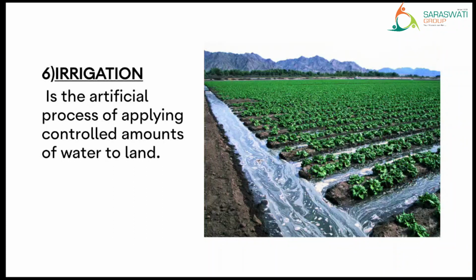In this picture you can see that this land area is watered by digging a deep source of water. They have dug the ground in such a way that water flows through the main branch, and then to each one of the rows of plants the water is being supplied.